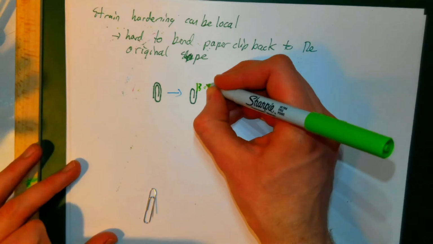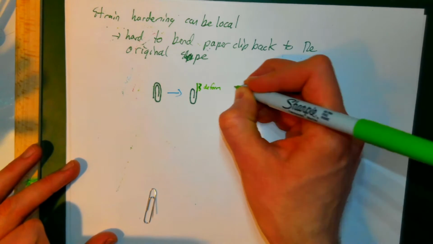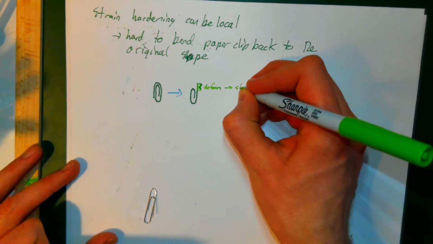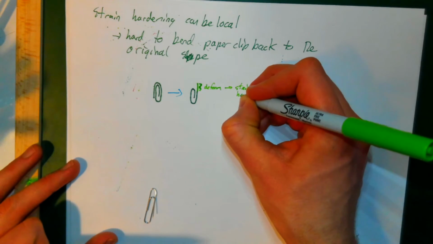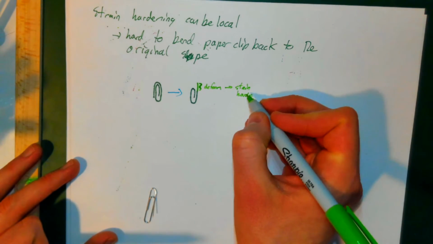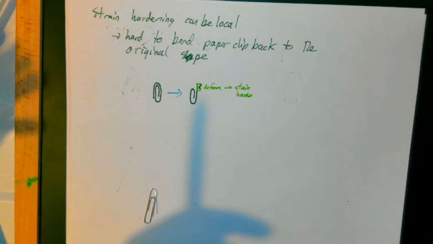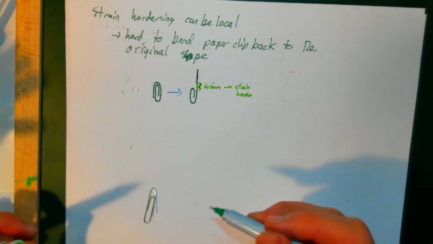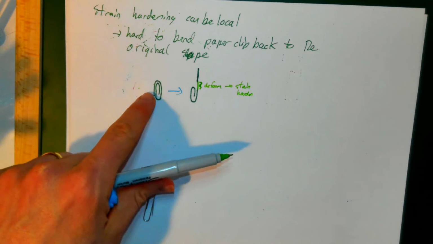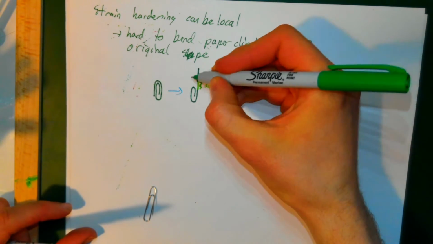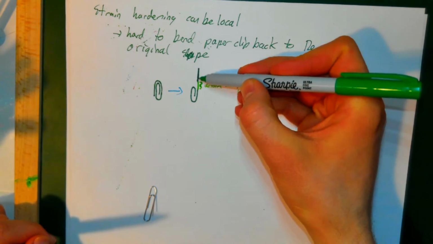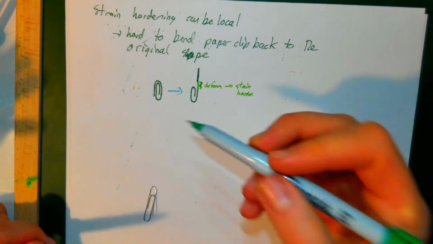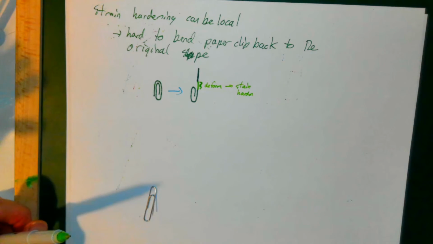So basically I had to deform and thus strain harden this material right here. And then this part right here, I didn't really need to materially deform that. I moved it, but didn't really materially deform it.